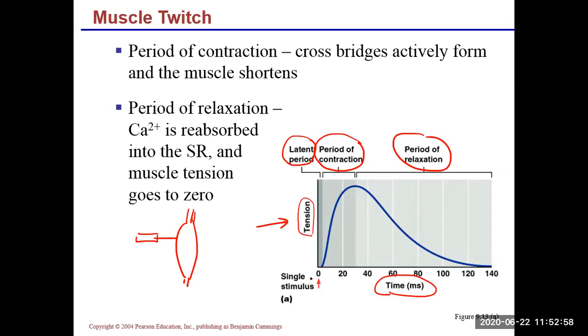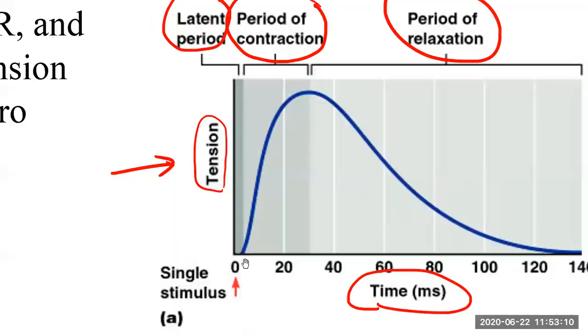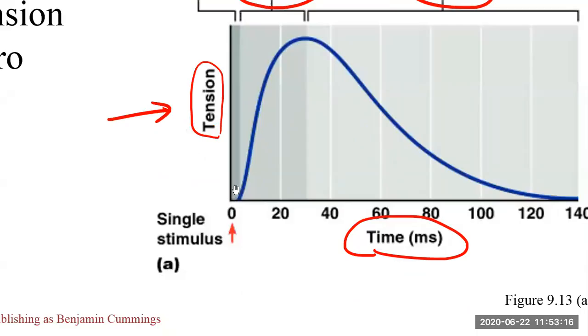If the force or tension is higher, then there will be a greater contraction, or vice versa. All right, so if we are zapping it at the 0 time, notice this highlighted area right here is called the latent period. I wanted you to think about what is happening, because there's no contraction.